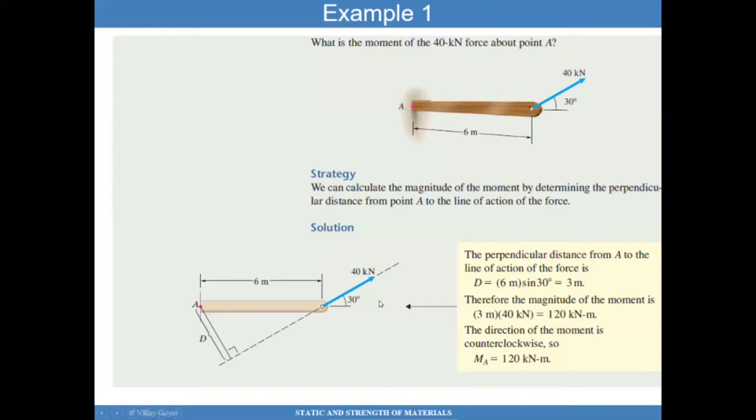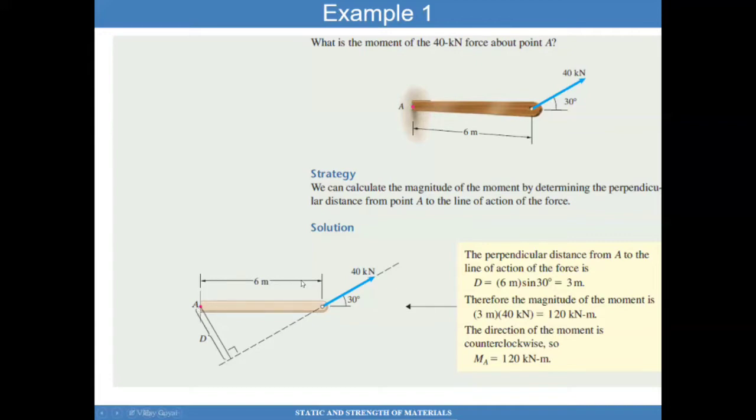However, that force will cause zero moment about point A because it goes through the line of action of point A. However, 40 kilonewtons times the sine of 30 degrees gives me the vertical force component, and that 40 kilonewtons times sine of 30 degrees times 6 meters gives me the moment about A, actually.